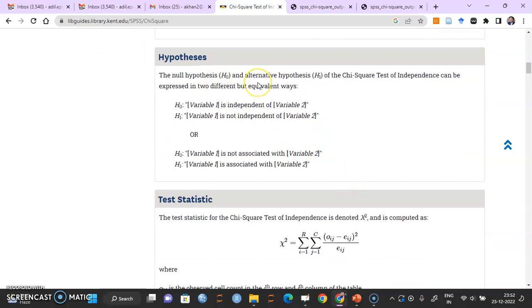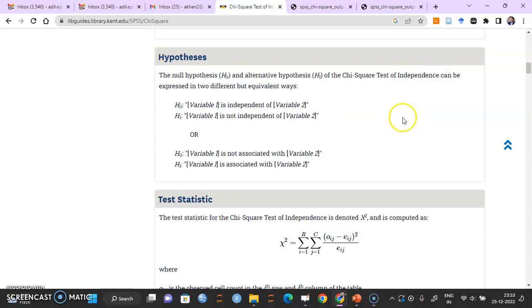The null hypothesis states that variable 1 is independent of variable 2, like variable A and B. Let's take a concrete example. We want to test whether gender, male and female, and their choice of brands A, B, C, D have any relationship.